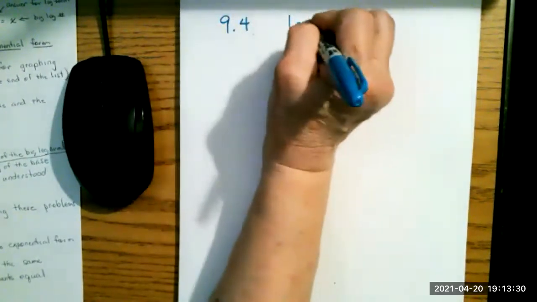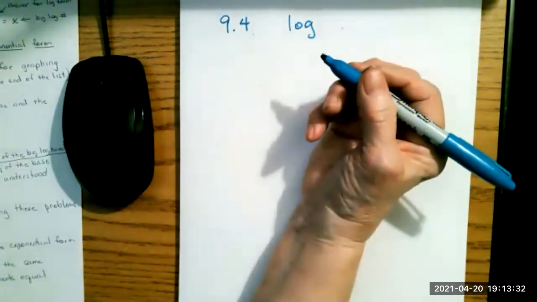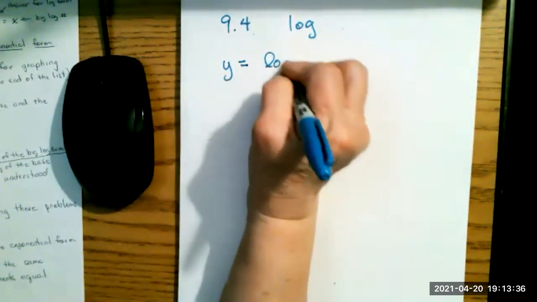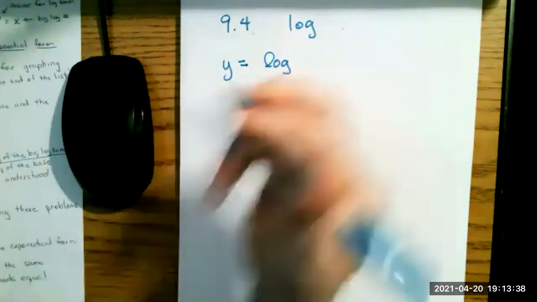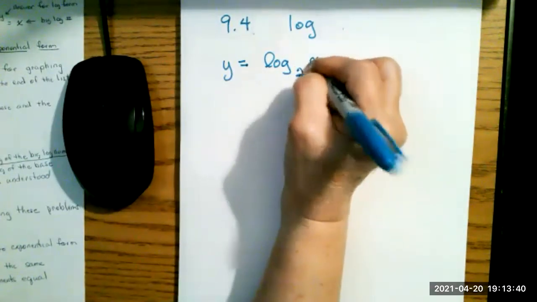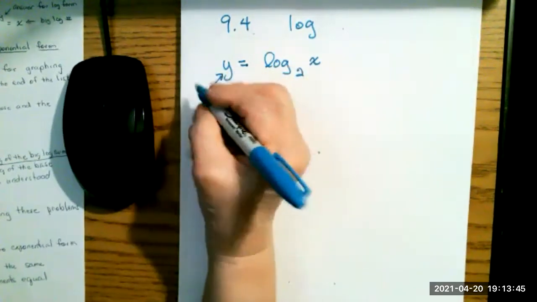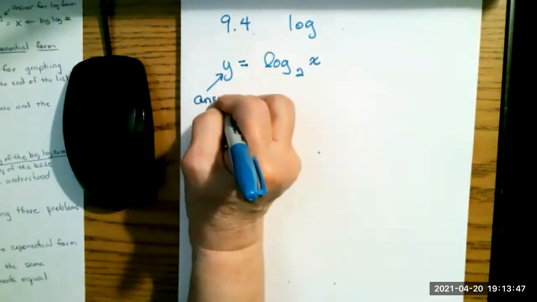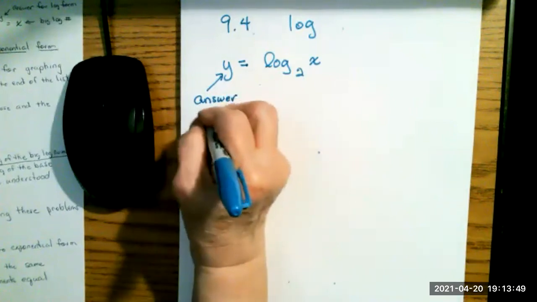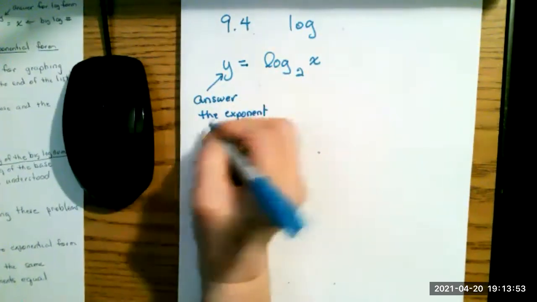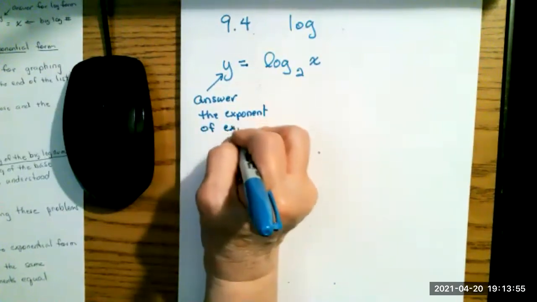And these are all going to be logs. So if you have y equals log base 2 of x, this y is the answer, and it's the exponent of the exponential form.